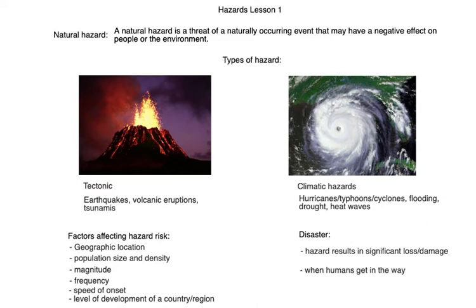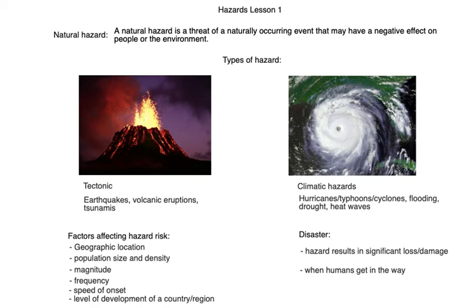I'll give you an example. Picture an empty, deserted island. There's no one living there. There's no city, buildings, nothing. There's no animals. And a really strong, magnitude 9.5 earthquake strikes that island. Even though it's a really, really powerful earthquake, very high magnitude, it's not a disaster because nothing's happened, because there was nothing there in the first place.